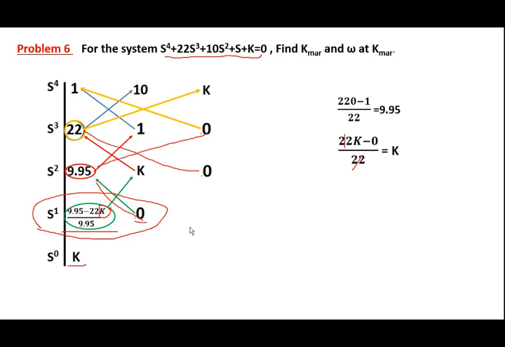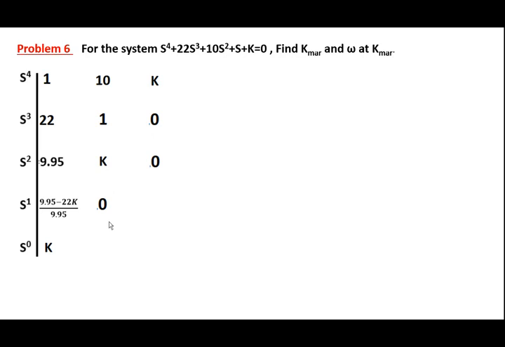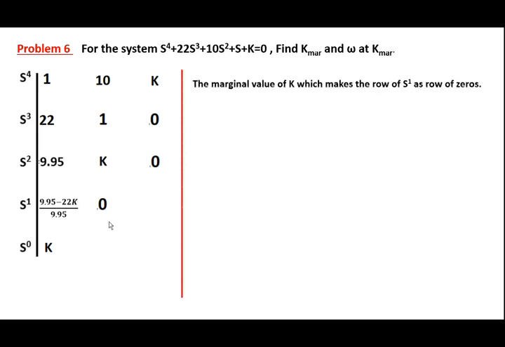So what is that value that we need to find out? How are we going to find out that marginal value? Equate this whole term, 9.95 minus 22k divided by 9.95, equal to 0. So the marginal value of k, which makes the row of s bar 1 a row of zeros, that means all the elements present in s bar 1 are 0.